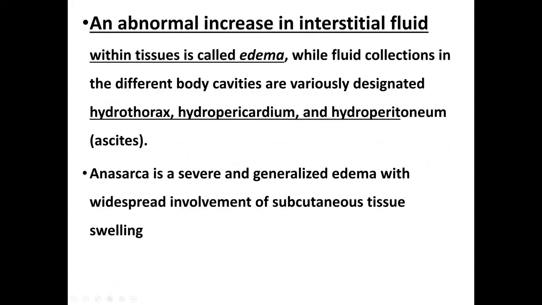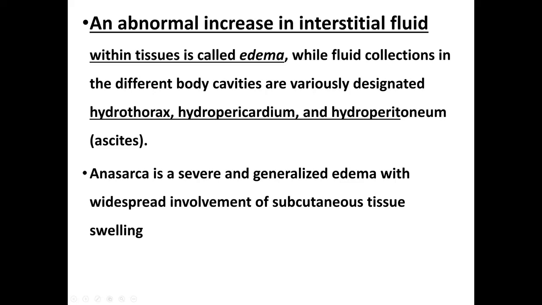So the other definition is an abnormal increase in interstitial fluid within the tissues is called edema, while fluid collection in the different body cavities is variously designated as hydrothorax, hydropericardium, and hydroperitoneum, also called ascites.